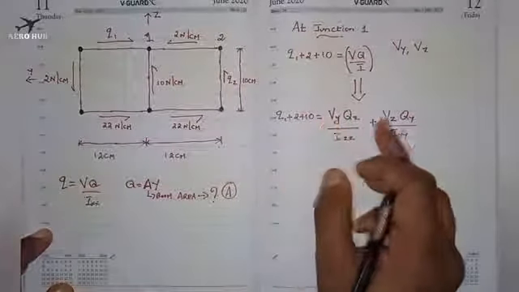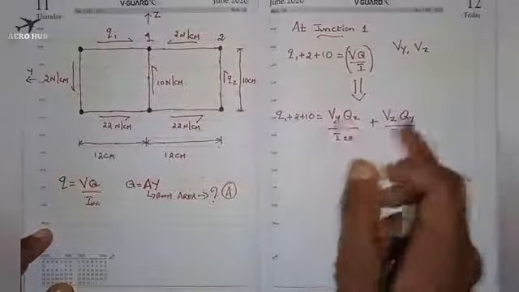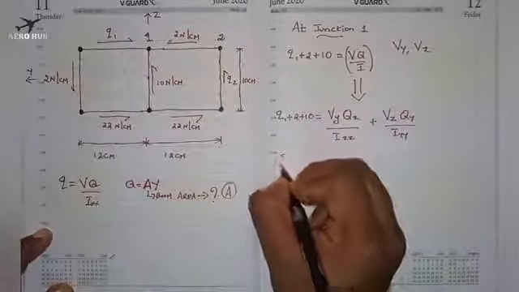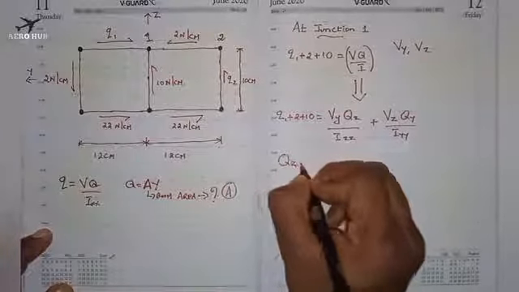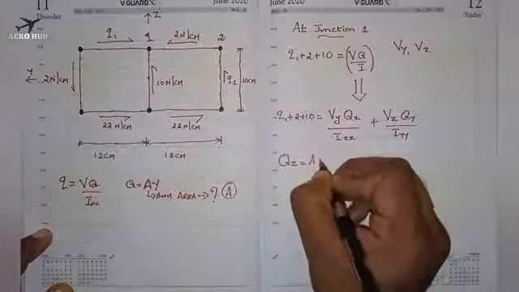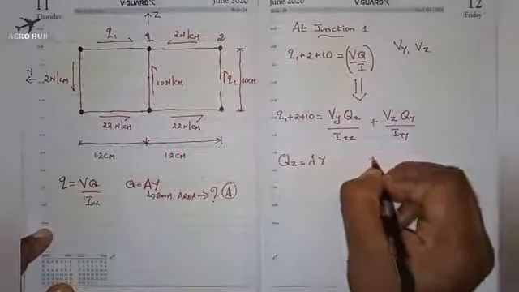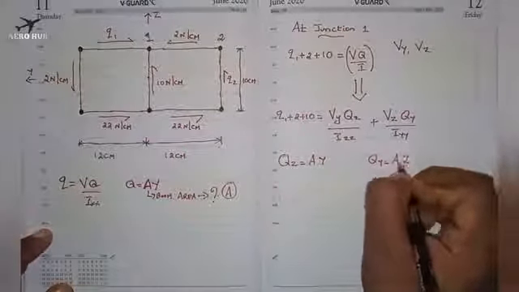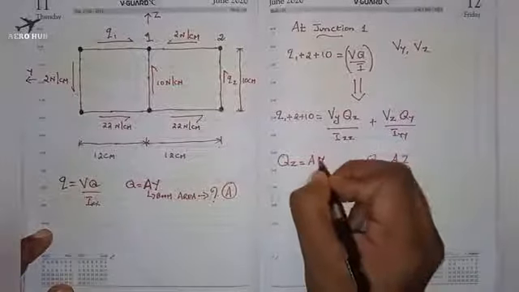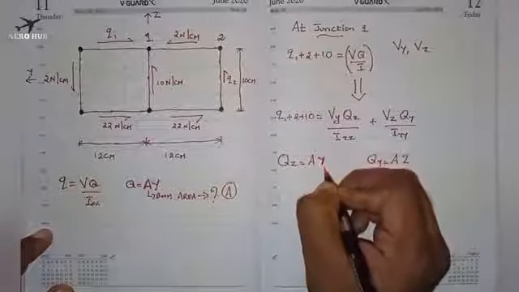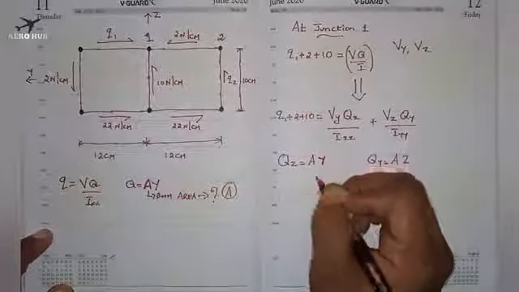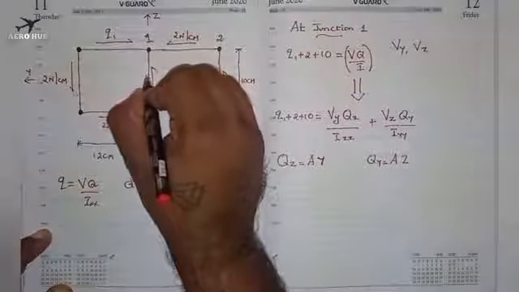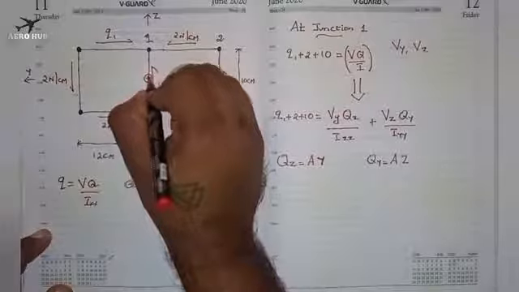We are applying Vy and Vz, that's why this equation. Now we have to find the value of Qz. Qz is equal to area into y, and Qy is equal to area into z. What are y and z? That is nothing but the coordinate point of the particular boom area. So first of all, this will be the centroid of the section.